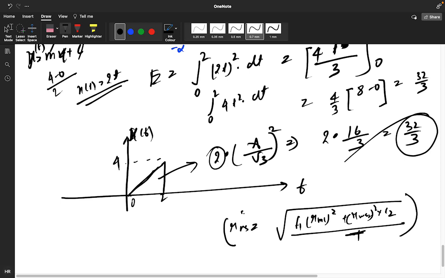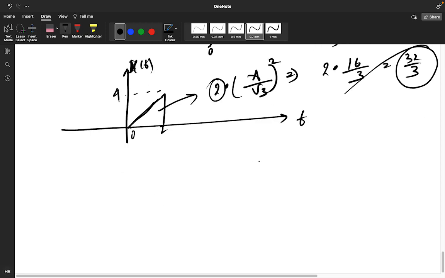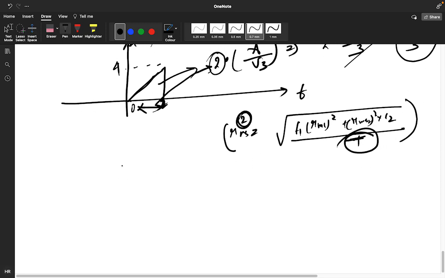Here we are finding the RMS square and we don't need to divide by the time period. So 0 to 2 is my time, that's why I am multiplying. And what is my amplitude? 4. And this is a triangle, so that's why I am dividing by root 3.